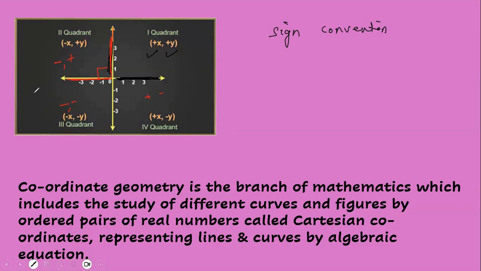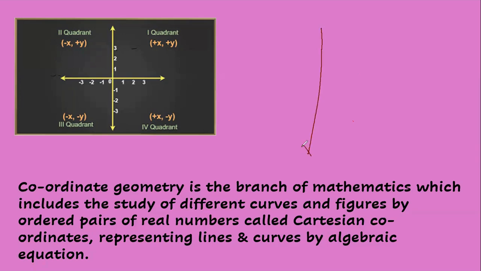Okay. Now, what is the meaning of x and y? Let's talk about a point in any quadrant system. This is the origin, this is the x-axis, negative x, positive y, negative y.